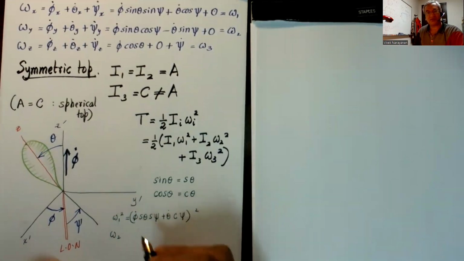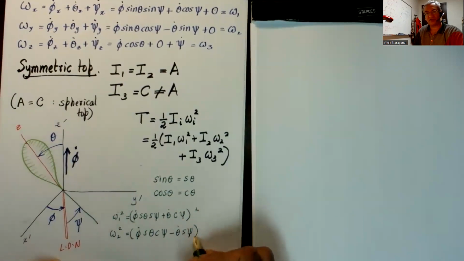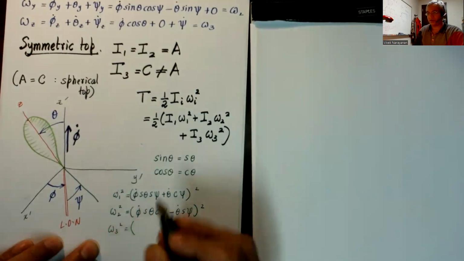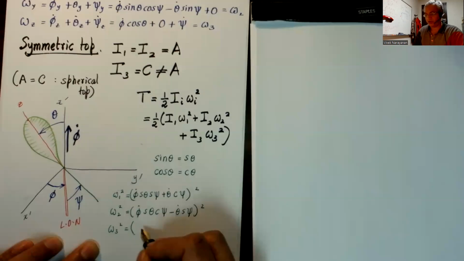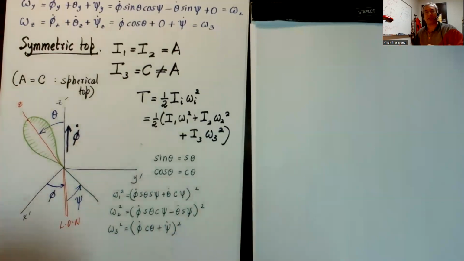So omega 2 squared is phi dot sine theta cosine psi minus theta dot sine psi, squared. Lastly, omega 3 squared, that one, phi dot cosine theta plus psi dot, the whole thing squared.